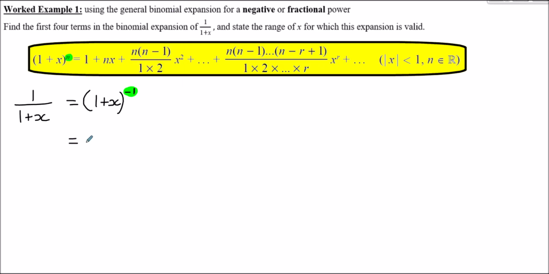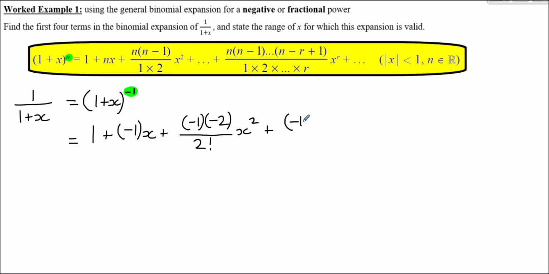So the first term is obviously going to be 1, plus nx, that's going to be plus minus 1 lots of x. Then the next thing will be minus 1 times minus 2 all over 1 times 2, which is 2 factorial, if you want to leave it in factorial notation, x squared.